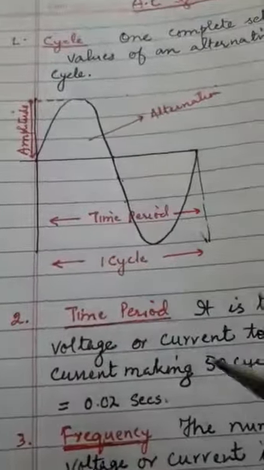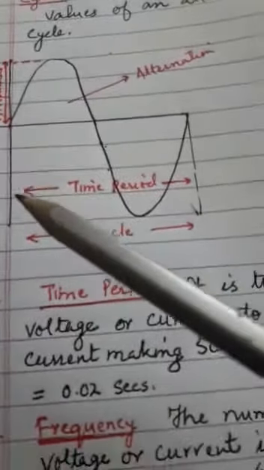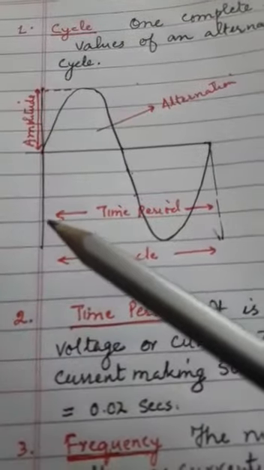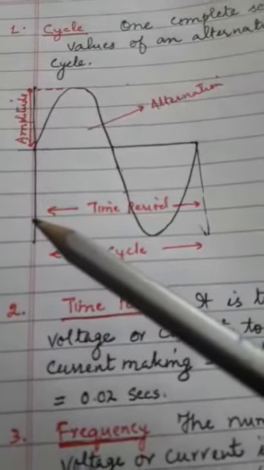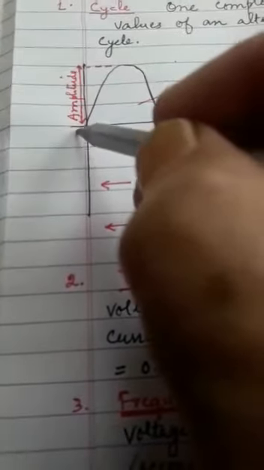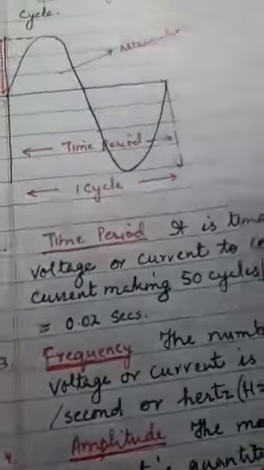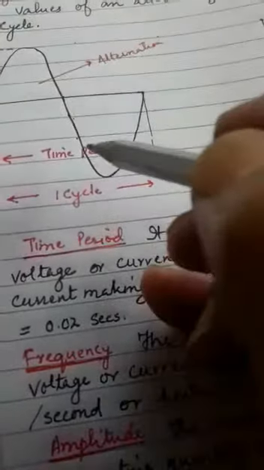The time period is measured from this end, the pulse's 0 end. This is 90, this is 180, and here you have pi by 2, that is 90.